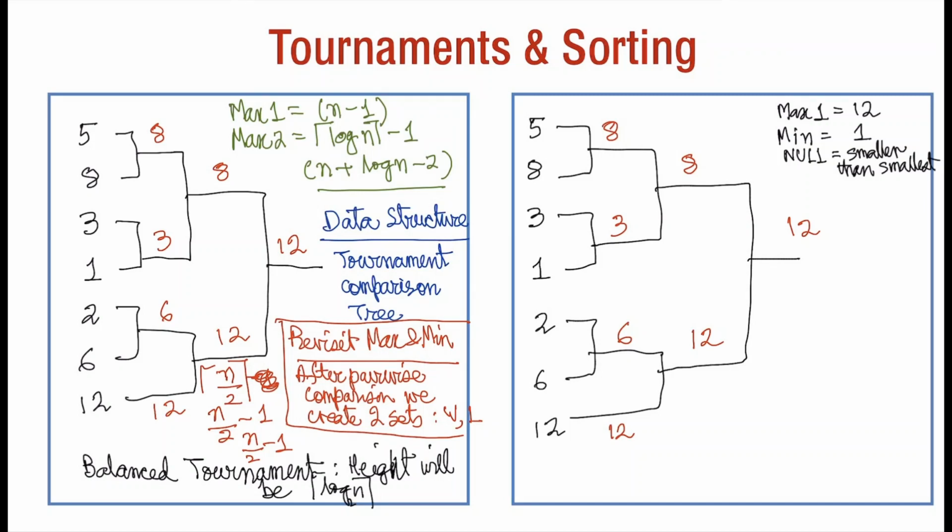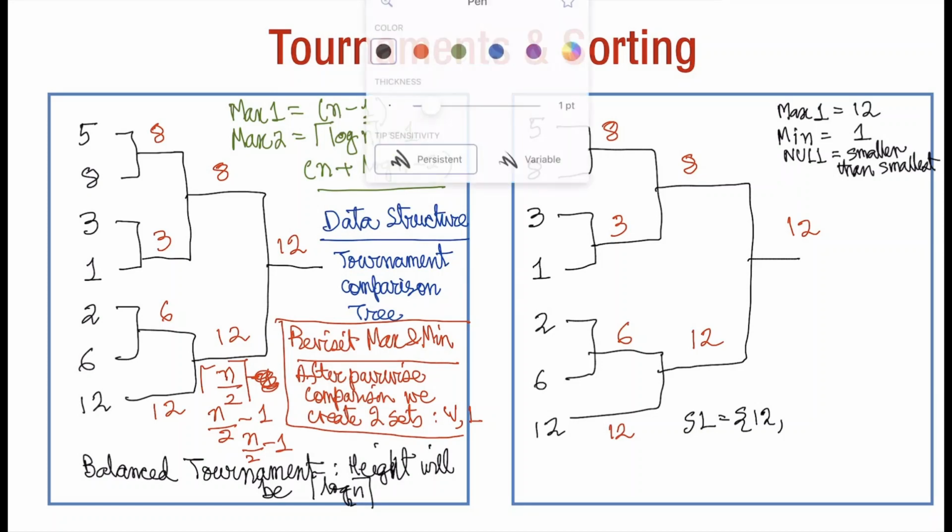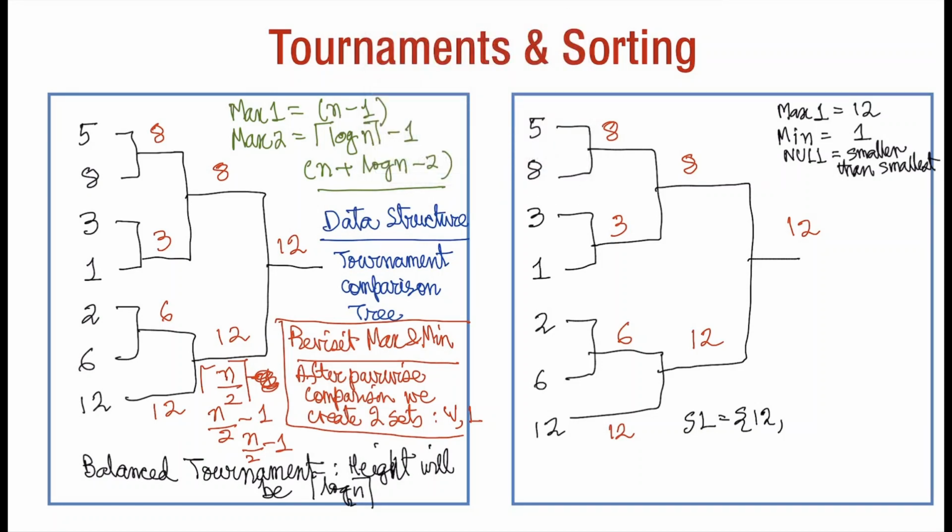And what we do is we remove the max. So we remove the max element and put it in a list L. So SL is the sorted list, and SL has got the max element. We remove this max element and we replace it by null.